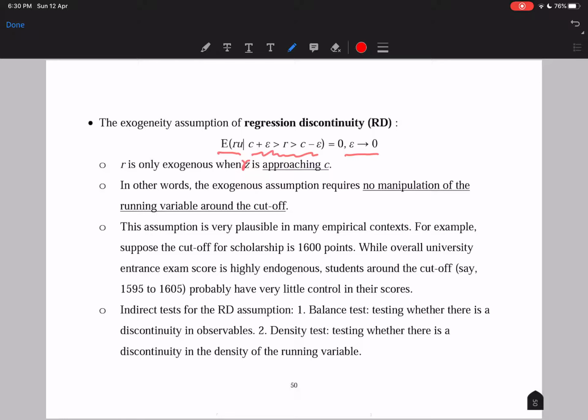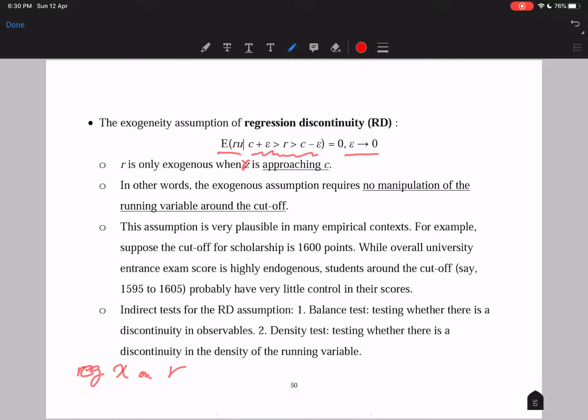observable characteristics. You can regress students' characteristics, for example a characteristic x, on the running variable. Hopefully you don't see any discontinuity in student characteristics. If, for example, you see somehow there are more women above the cutoff, you may worry that there is some selection or manipulation around the cutoff.